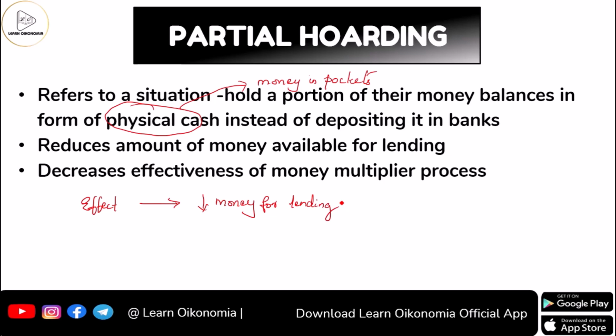But here the problem is that people are not putting their money in the bank. Instead, they are keeping it with themselves in their pockets as liquid cash. So this would be reducing the money available for lending. What would be the result here? This would result in something called a falling money multiplier. The money multiplier means the extent to which the money gets multiplied. This too would get reduced in this context.